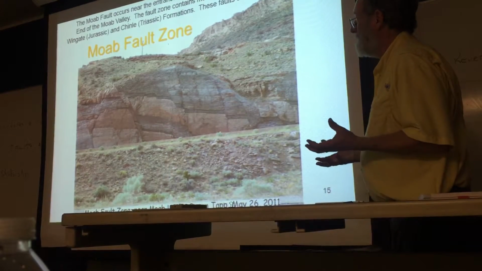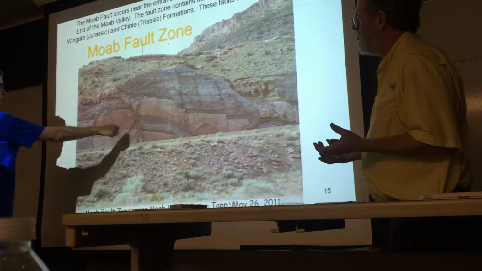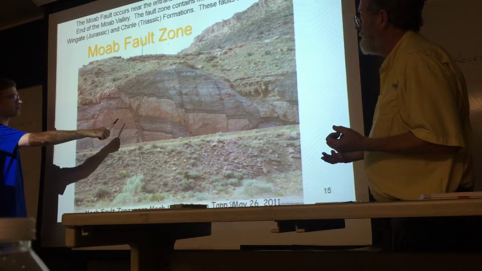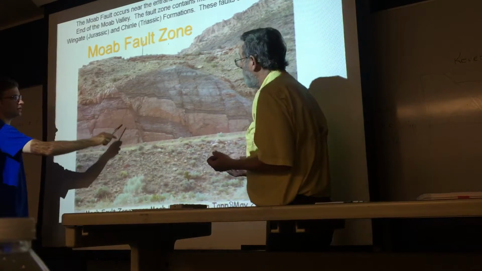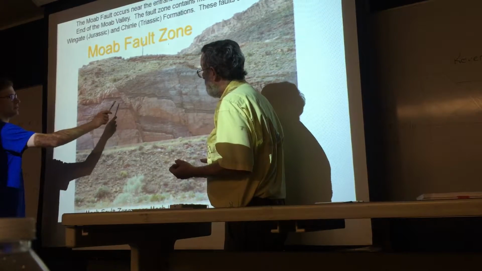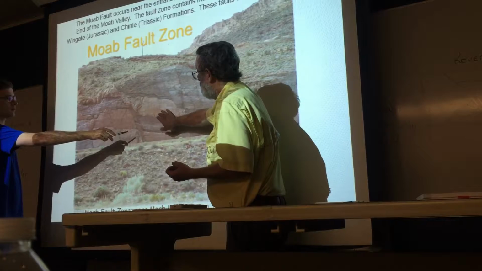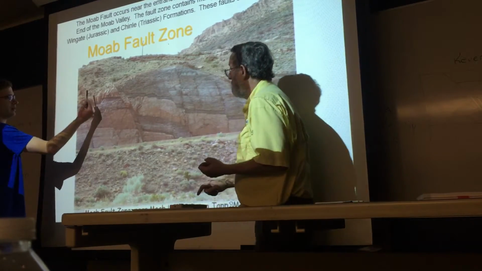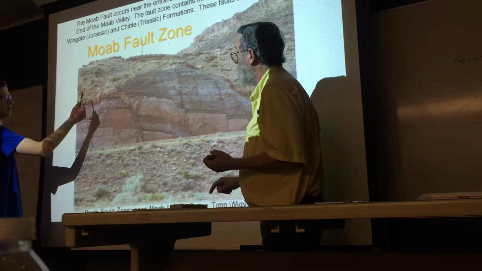So should I come up? Yes, please. Okay. Well, right off the bat, I see this one. I'm trying to see where it lines up with. It's either going to be lining up with this one or, yeah, that would make more sense. So that goes to that. So which way is this? Is this going down or up? This is going down. And then this is going up. So this would be a good example of a normal fault.